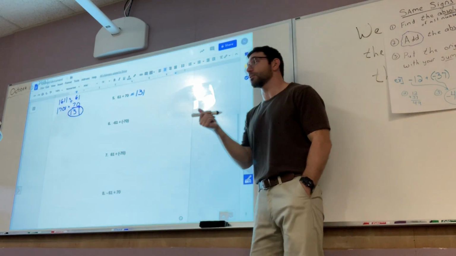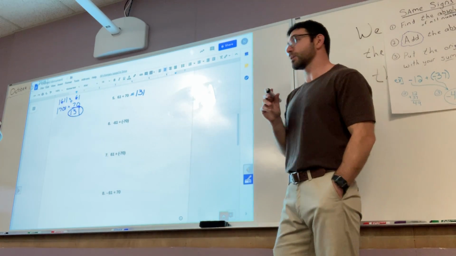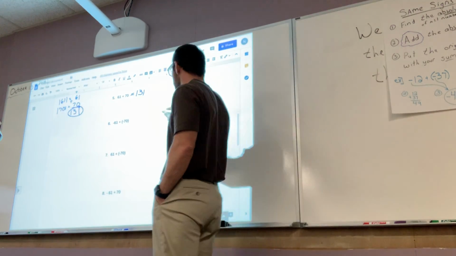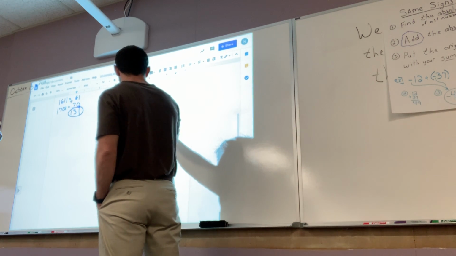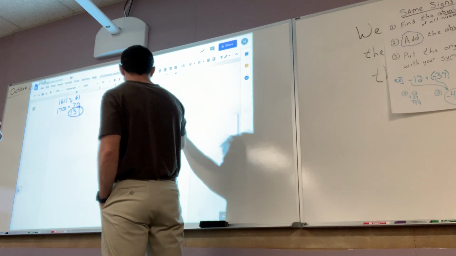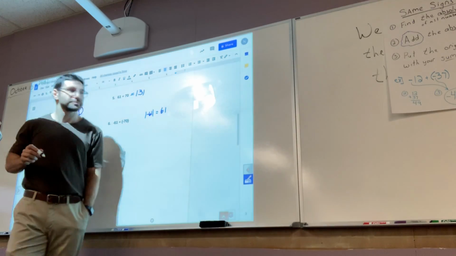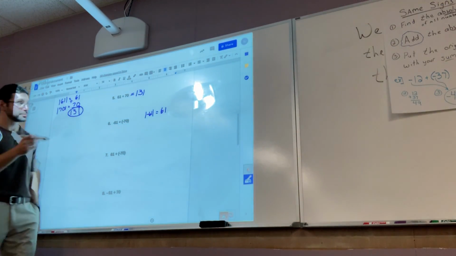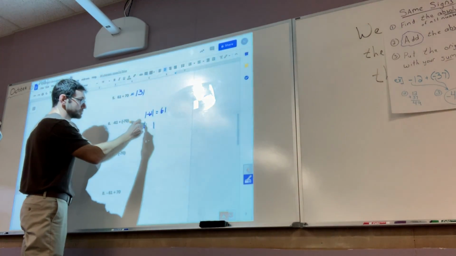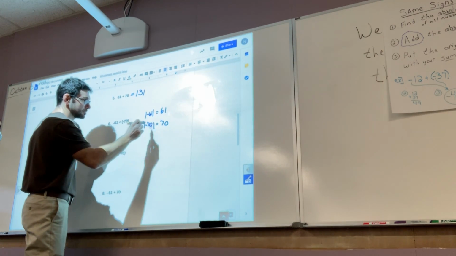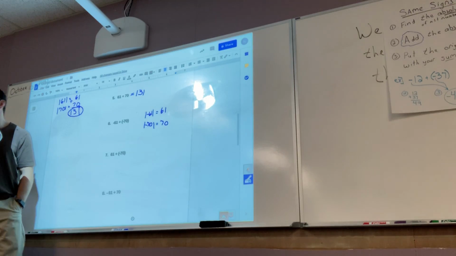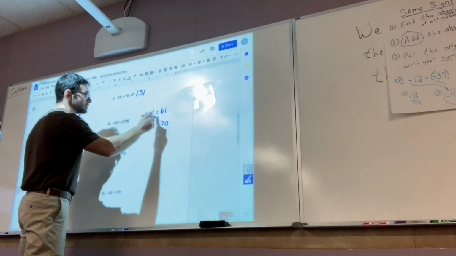Okay, number 6. You've got a hard act to follow; Garrison did that very, very well. Go, Aaron. So you find the absolute value of -61, which is 61. And -70 is an absolute value of 70. Then we would add them. Why am I adding them, Aaron?